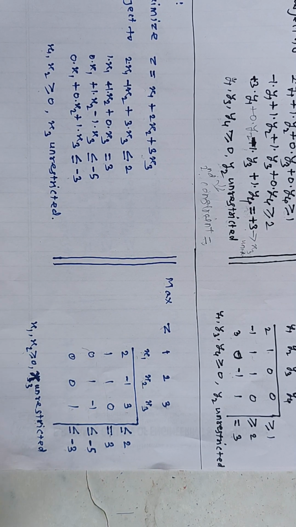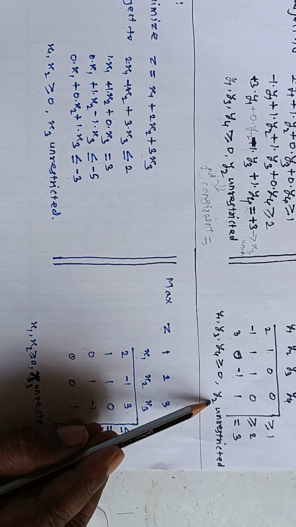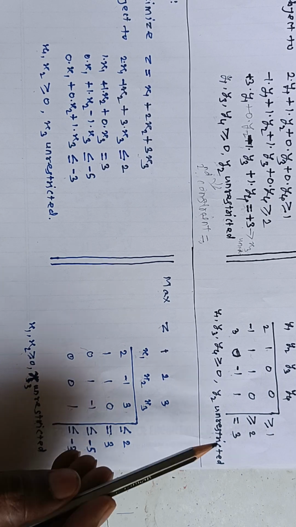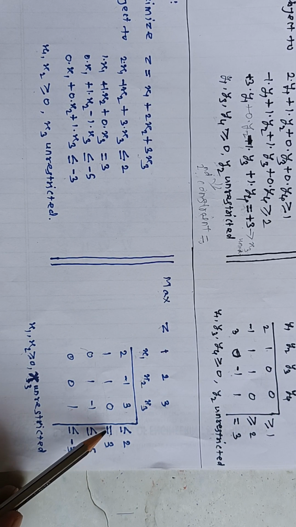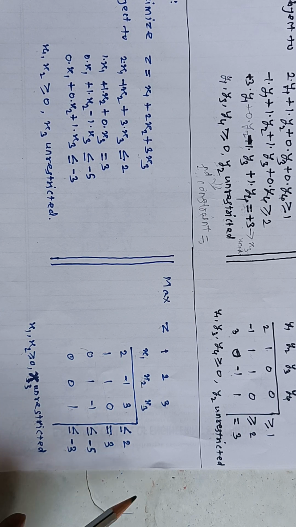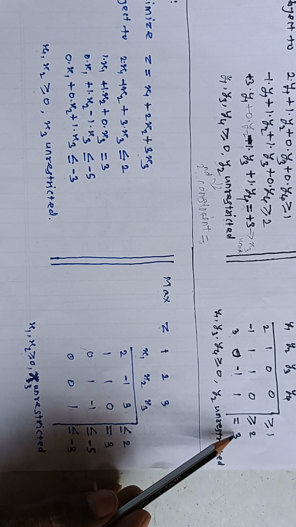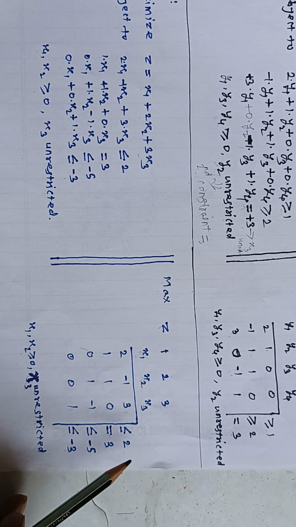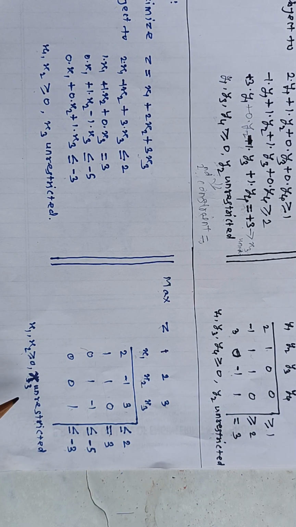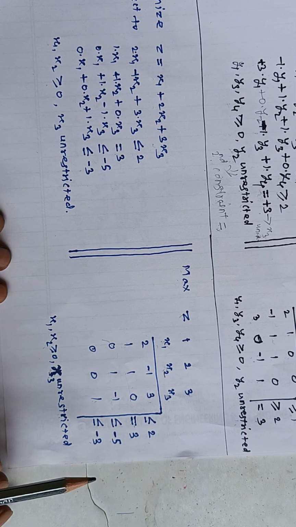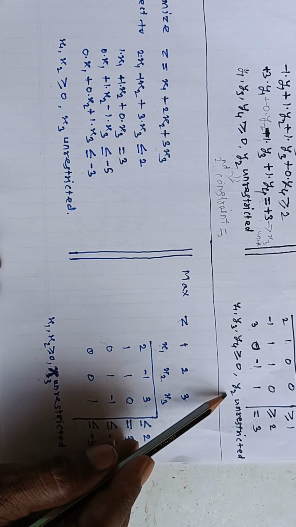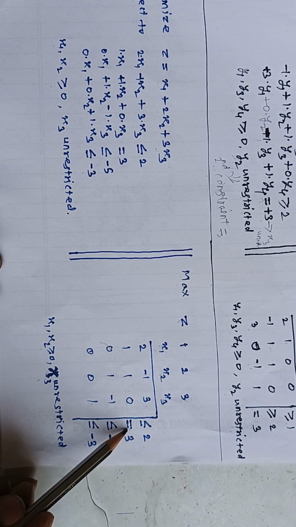But where do we have to put the equal to sign? Here y2 is unrestricted in primal, which means the second constraint in dual will be with the equal to sign. And the third constraint is with the equal to sign in primal, so in dual the third variable will be unrestricted. Third constraint, third variable. Second variable, second constraint.